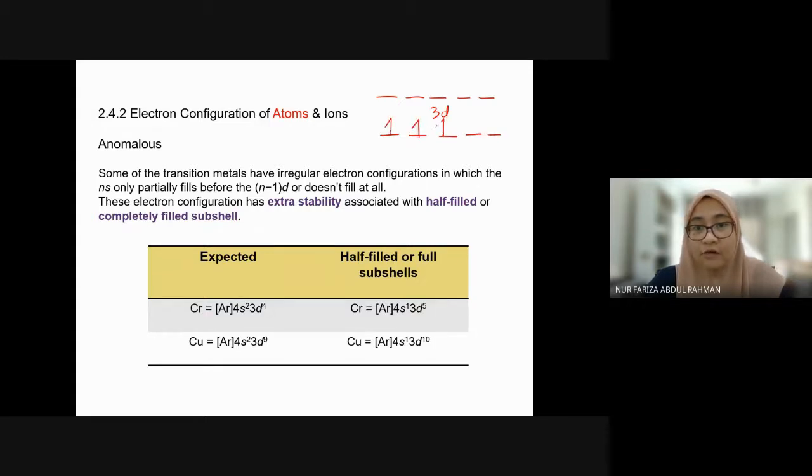This is how the d orbital looks if it is half-filled, meaning we have 1 electron in each orbital with similar spin. So this is stable, and the last stable form of the d orbital would be full-filled.